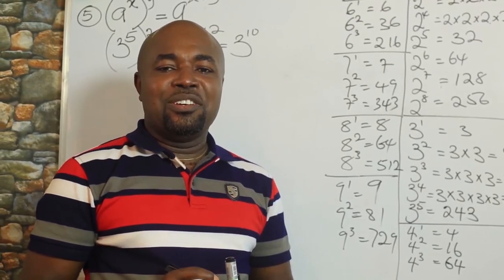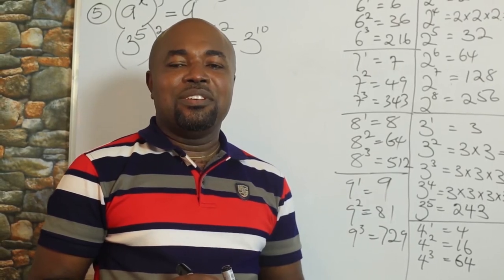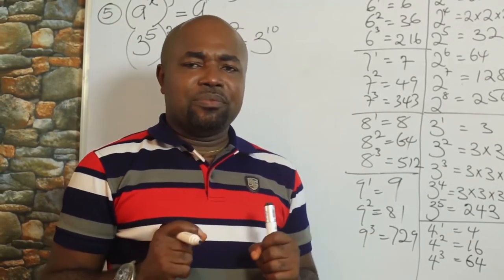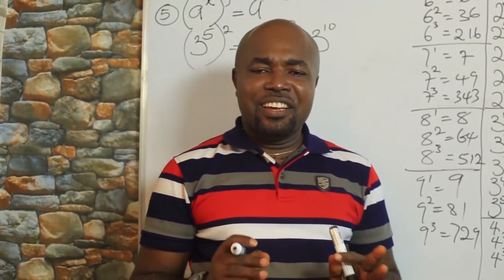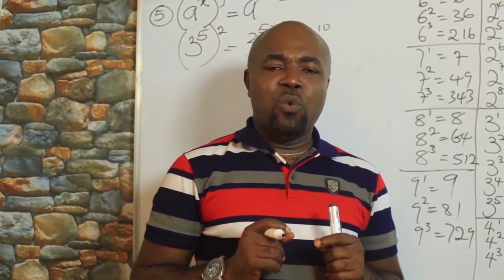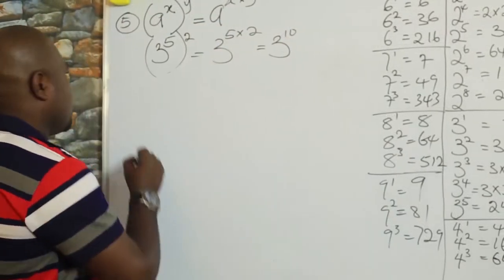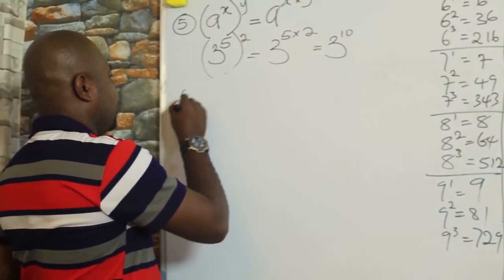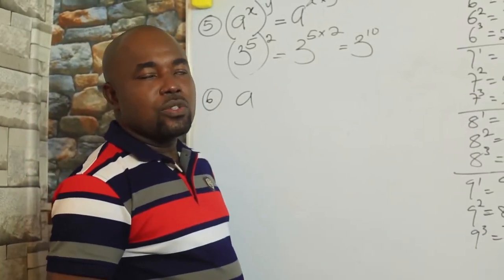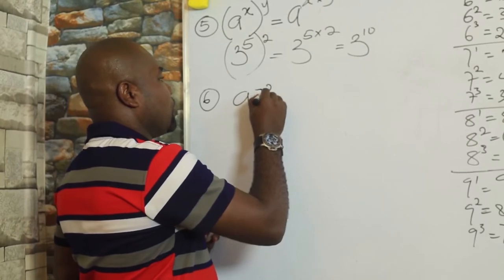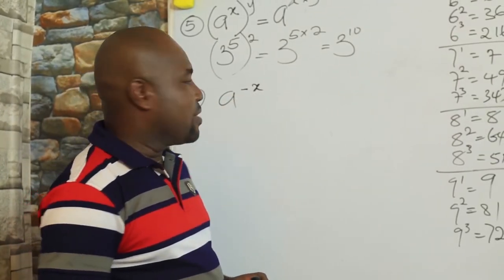Let us look at the 6th law. The 6th law is what we call the negative indices. It is written this way. A raised to power minus x.